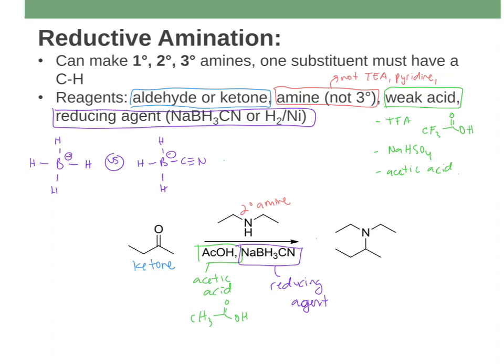If you take a look at these, the big difference is that instead of a hydrogen, we have a cyano group on one of them, on the type of reducing agent that we're going to use for these. We should remember that the CN group is a strong electron withdrawing group. It really pulls electrons out. What that means is that it stabilizes this anion.